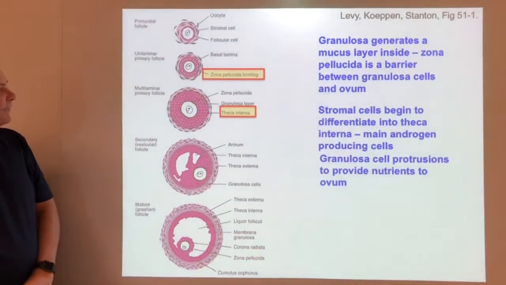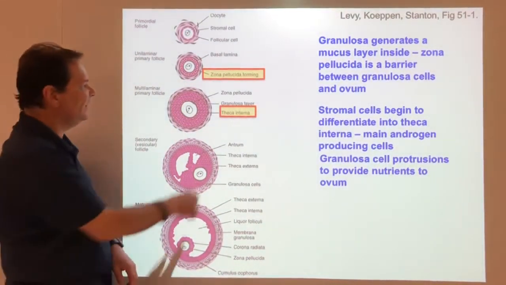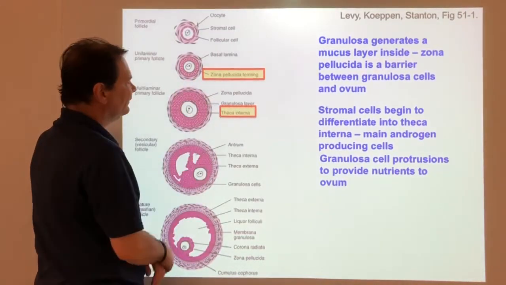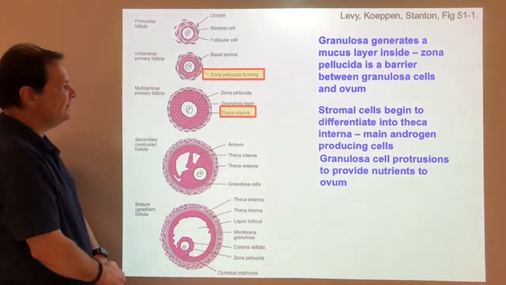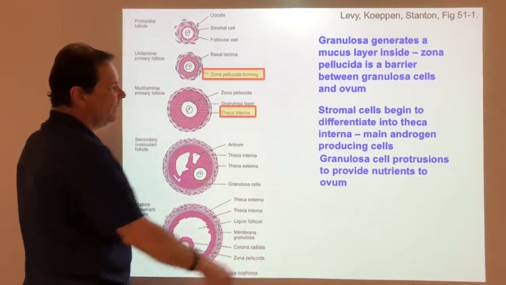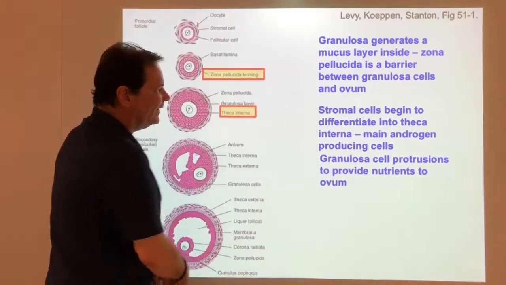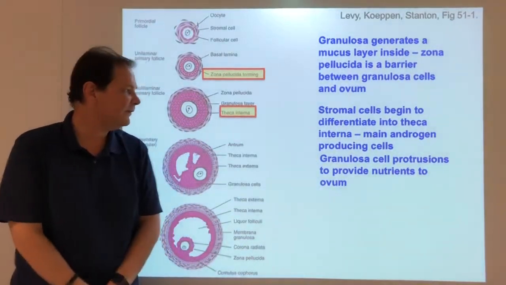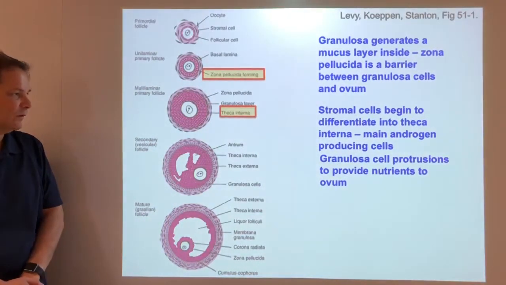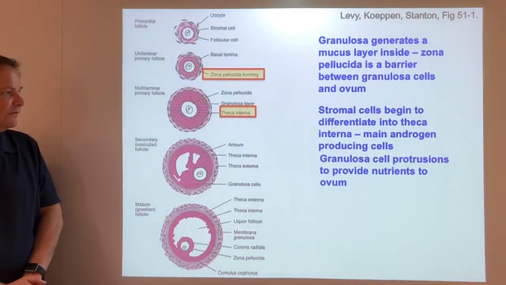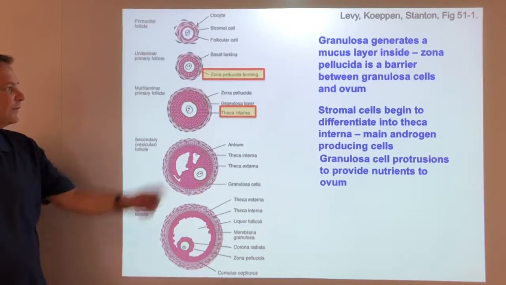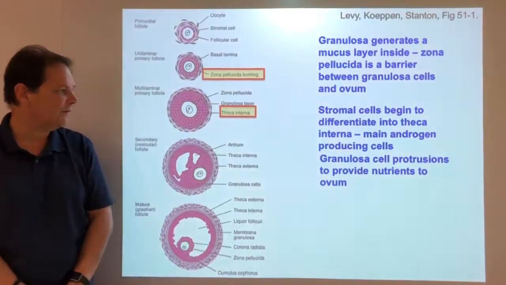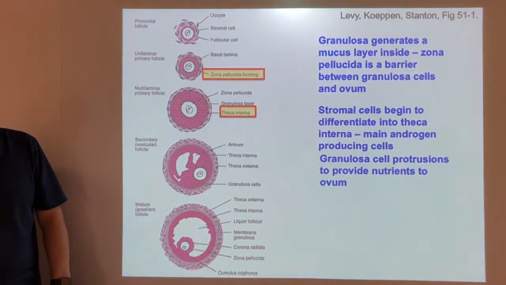We also have the development of a theca interna, and the follicular cells are producing estrogen. The theca interna are going to be responsible for producing androgens, and once again you need these androgens in order to develop estrogen. So these two layers of cells work together quite closely to produce estrogen. You also have some granulosa cell perfusions, which are extending to the ovum and providing nutrients to the ovum.